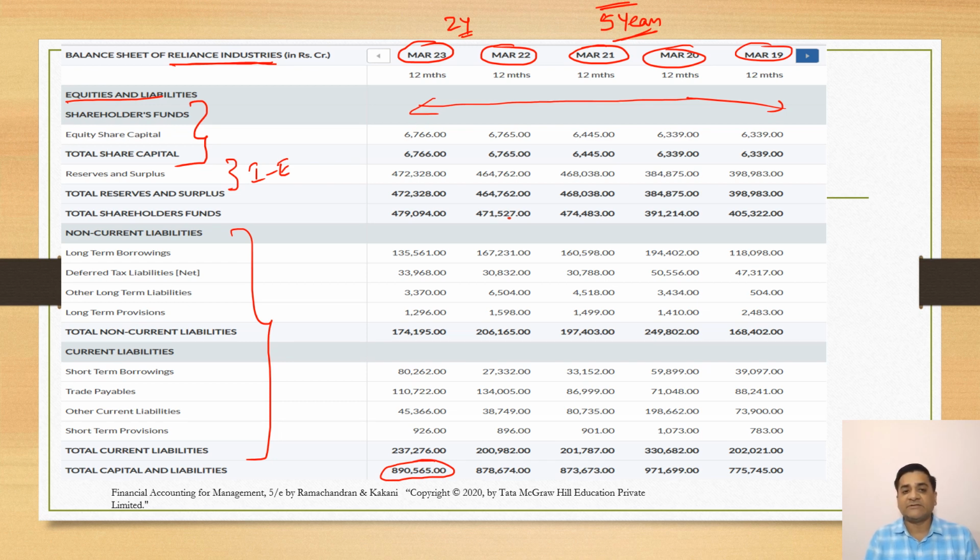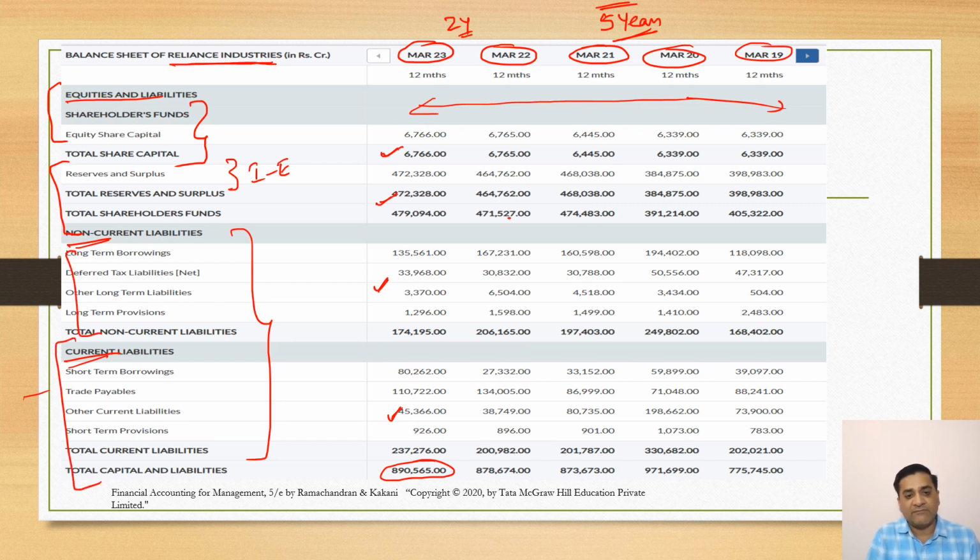What they have done is they have shown the capital here, they have shown the reserves and surplus here, they have shown the liabilities broken up into non-current here and current here. This is the current liability portion, this is the non-current liability portion, this is the portion of profit, this is the portion of capital, this is the portion of liabilities.